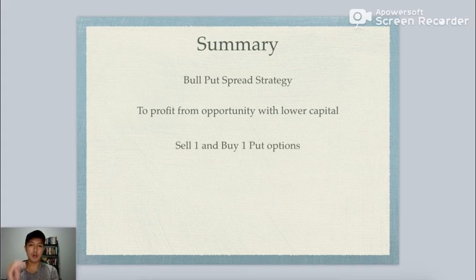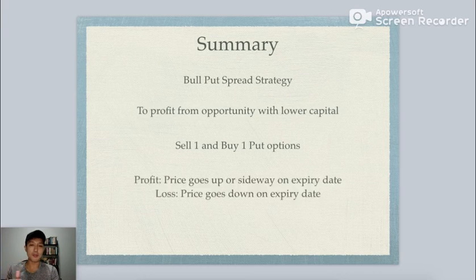You sell a put and buy a put, where you identify a good area of entry. When the price goes up or sideways on the expiry date, you keep your premium and make money. But when the share price goes down below your strike prices, you have losses on expiry.